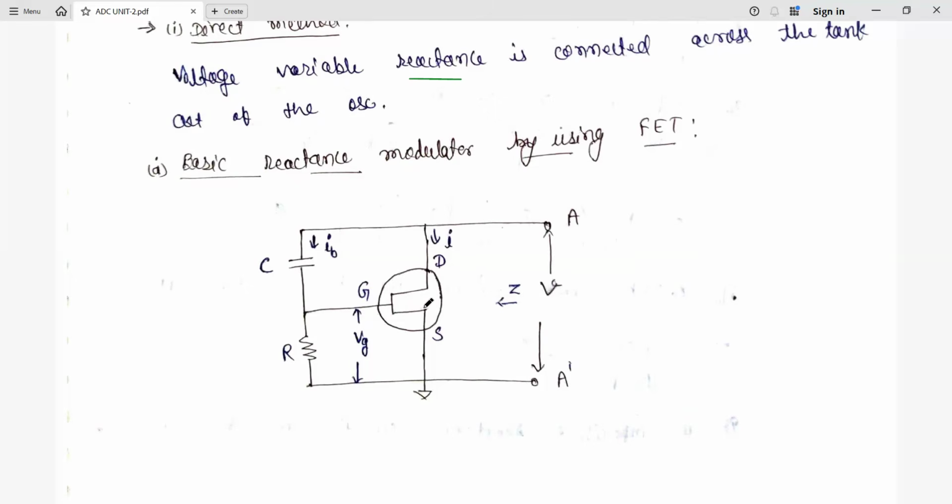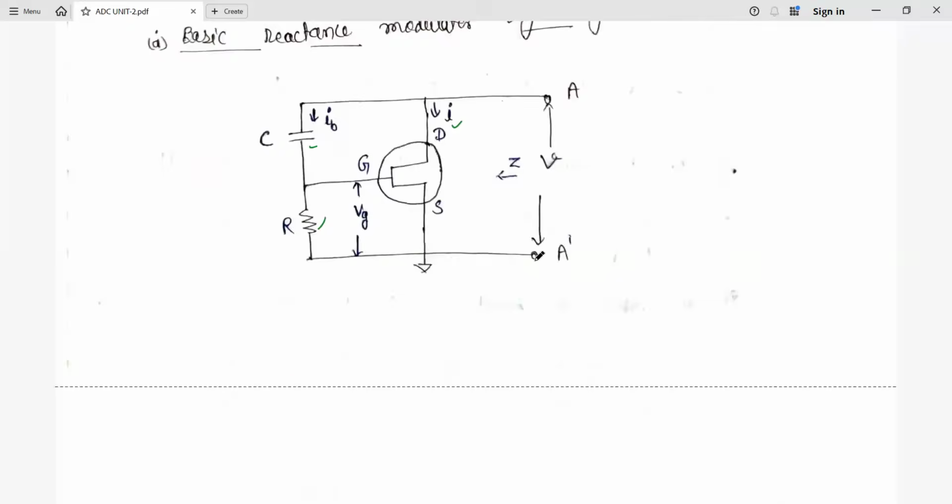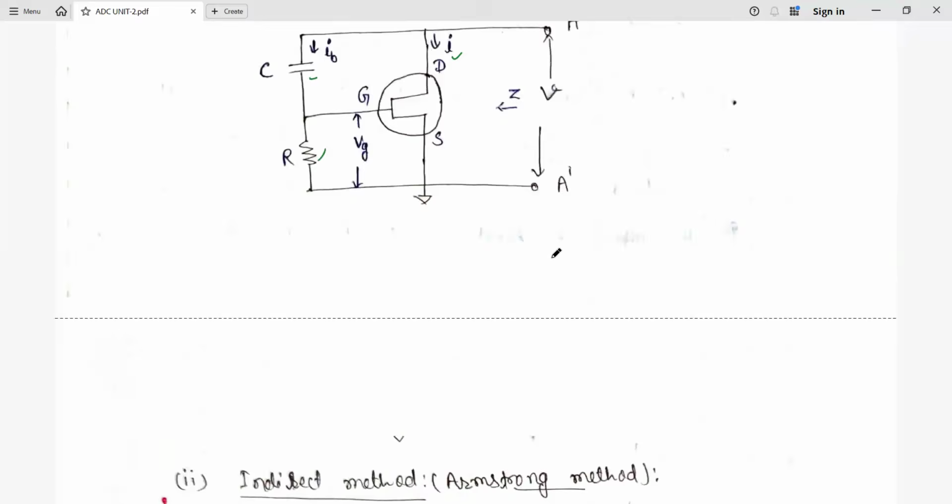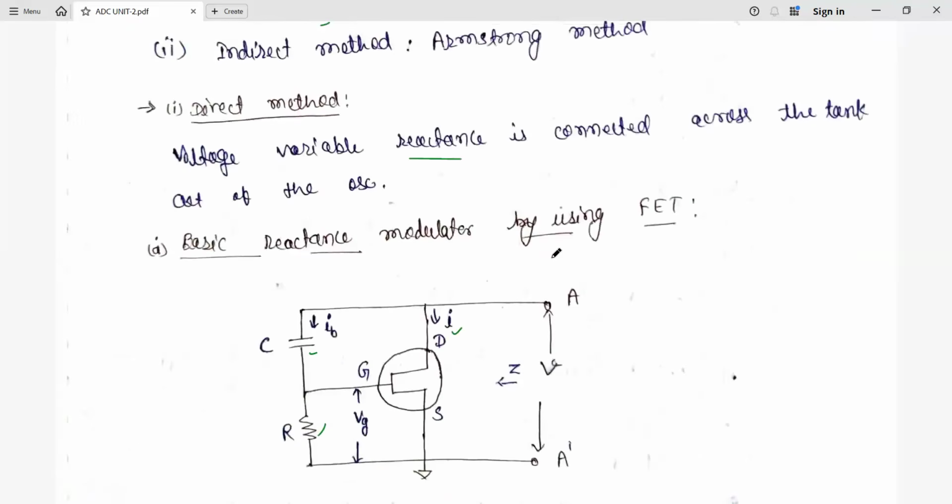This is the example of the FET, which has three terminals: gate, drain and source. V is the voltage between gate and ground, and here we have a capacitor and resistance. I is the drain current, and the voltage between drain and source is V. We will calculate the voltage and current, and later substitute the values. This is the basic reactance modulator.